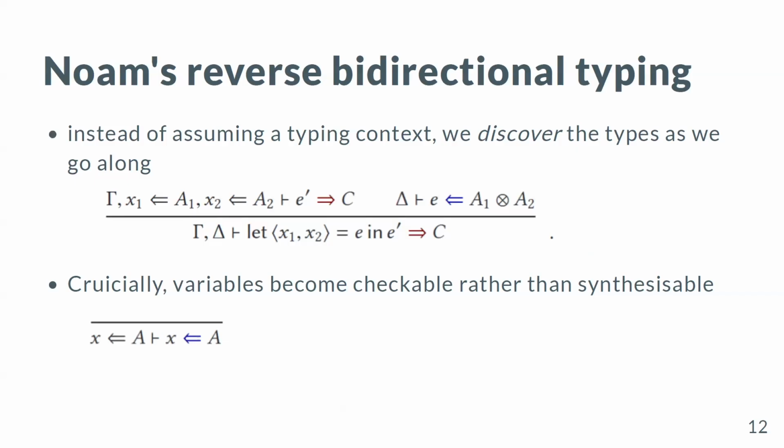So Noam's insight was that you make variables checkable. So as you're going through your term and type checking it, and you get to the variable leaf, you're checking this variable against some type A, and the variable doesn't know its type. So how do you check it? Well, you just assign the type to the variable.